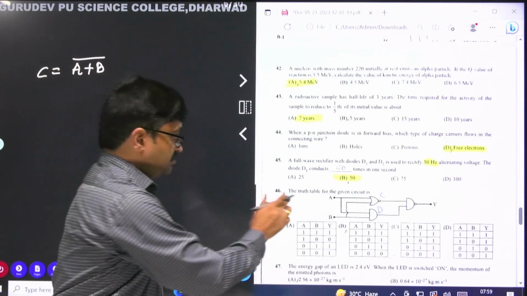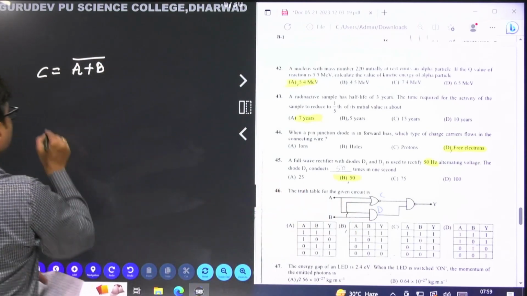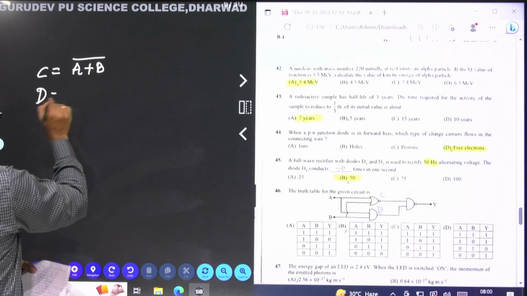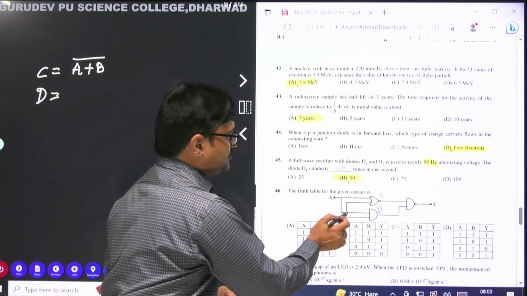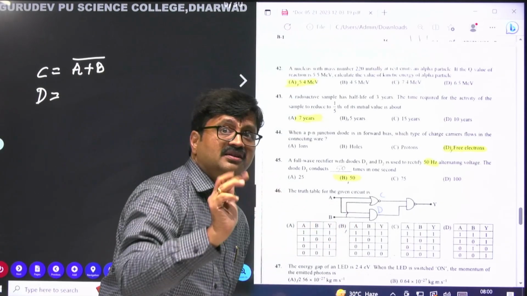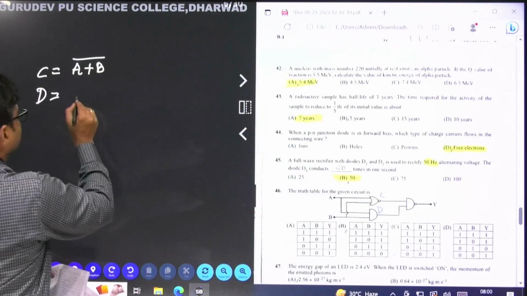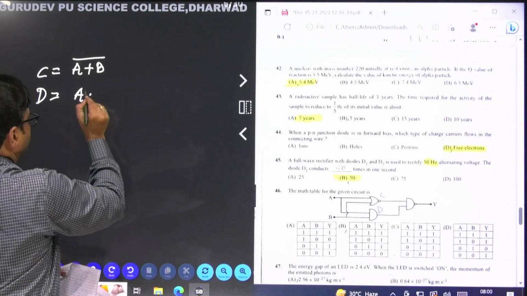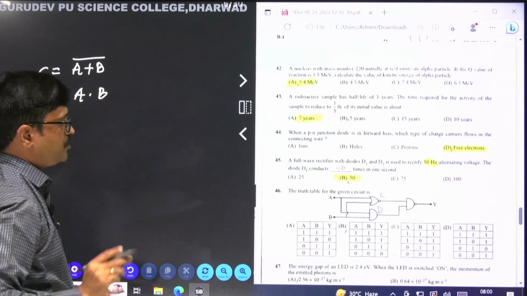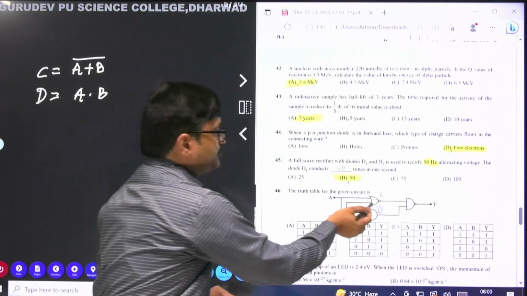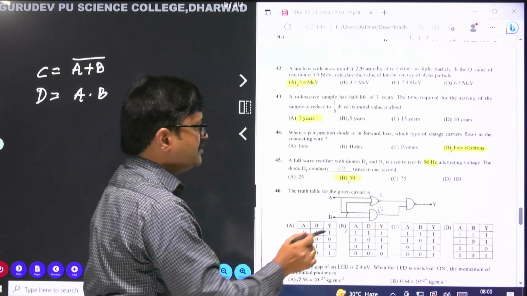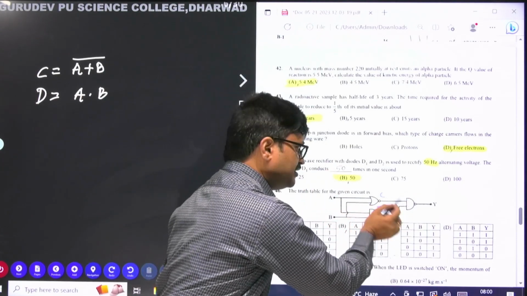Then what about D? These inputs are A and B again, coming out from an AND gate, so I can write D as A dot B. The outputs from these two, C and D, are now entering a NAND gate.